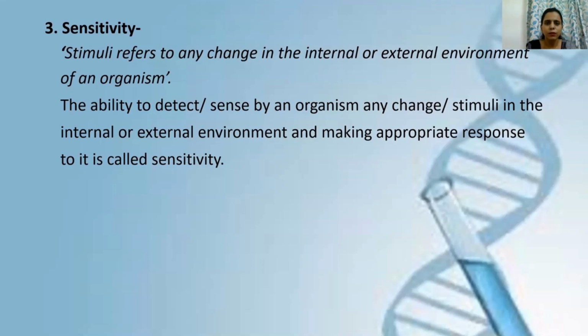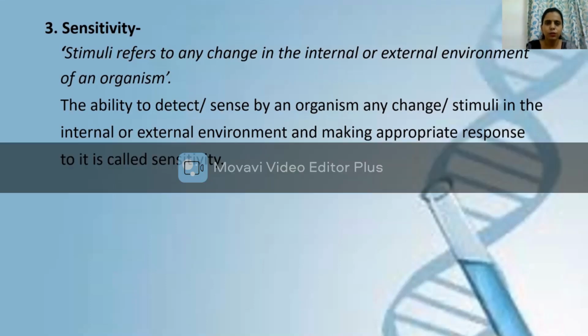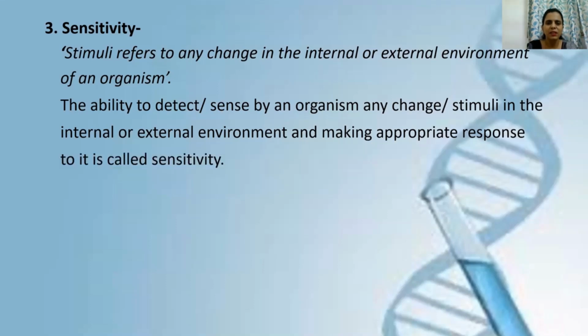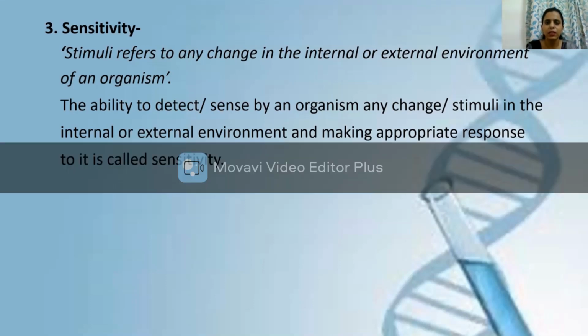So the ability of our body to detect any change in its surrounding environment and then making appropriate responses to it is called sensitivity. It's not only about human beings, all the animals or all the plants, every organism present on this earth is able to perform sensitivity. They're able to detect any changes in their environment, and hence after detecting these changes, they make appropriate responses to it.